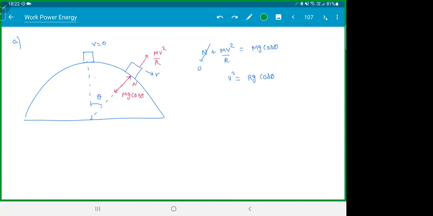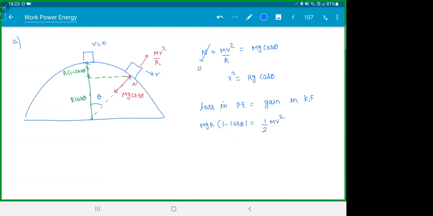So from here, if this is r, this side will be r cos theta, and this side will be r into 1 minus cos theta. So loss in PE is equal to gain in kinetic energy. So we get mgr(1 minus cos theta) is equal to half mv square.